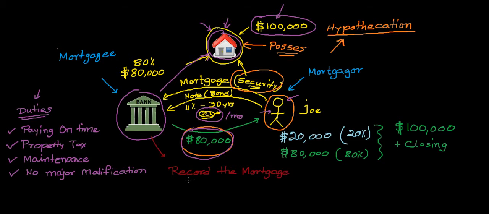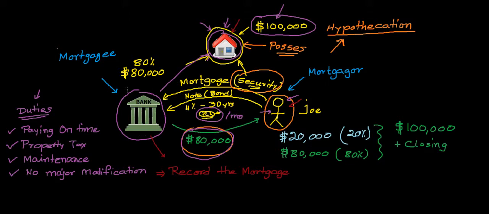What that means is that you have to record this mortgage at the local office, so that if Joe goes for a second mortgage on the same property, the other lender can see that there is already a lien.